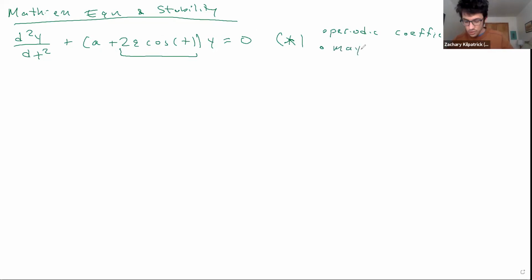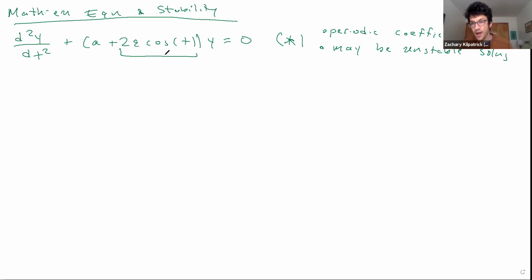But the issue could be that there may be unstable solutions, right? And so it's hard to wrap your head around the intuition of what's going to happen here, because it's not as if I'm forcing it with some non-autonomous function that I know is at the resonant frequency. But this time-dependent coefficient may generate energy that does not dissipate in our system, and it will in certain regions of parameter space.